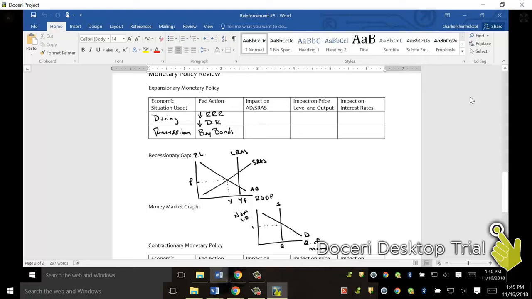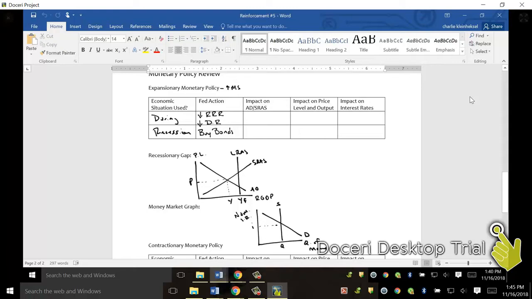Now, the significance of those three tools is that all three of those tools are going to cause the money supply to increase. So we should know that expansionary monetary policy is designed to increase the money supply.